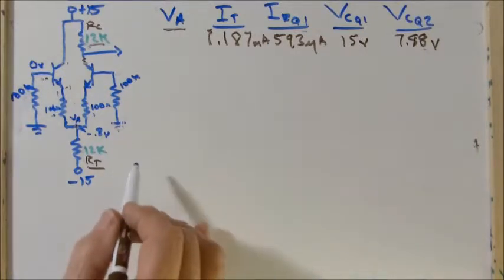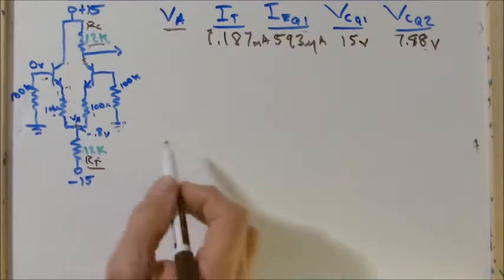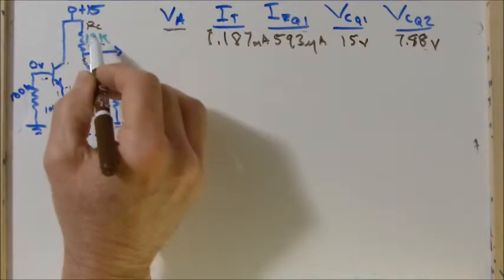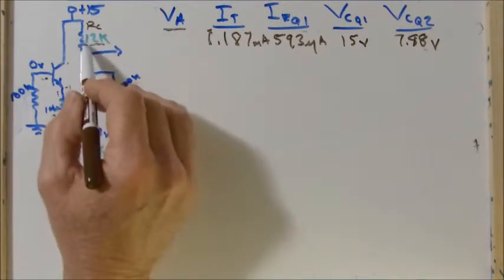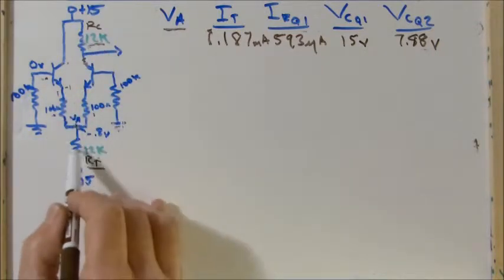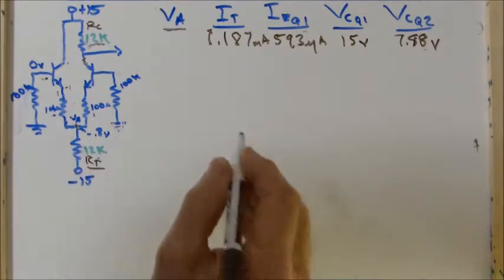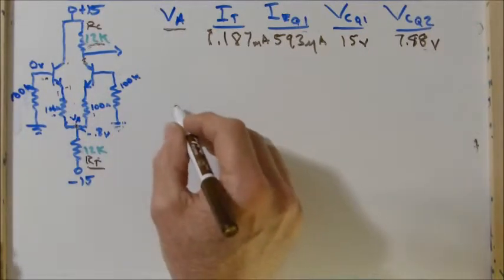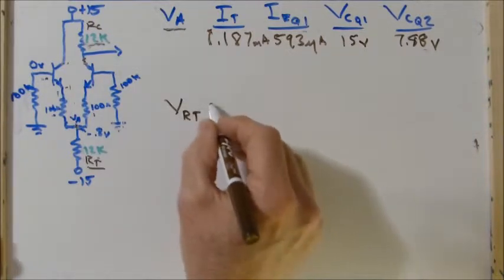I'm going to do a little bit of cheating because I know that this is the 12K and I know that this is the 12K. Well, no, I can't do that because half the current's traveling through here. All the current is traveling through here. So, okay.